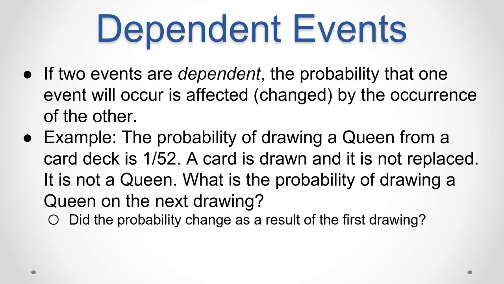The second type of events is dependent events. When the outcome of one event changes or affects the outcome of another event, we call the two events dependent. Let's take our previous example with our bowl of 10 red marbles and 10 blue marbles. You pick a red marble. The probability of picking a red marble is still 0.5. However, this time you don't put the red marble back into the bowl and you pick again. It's a red marble. The probability for the second pick is no longer the same 0.5.